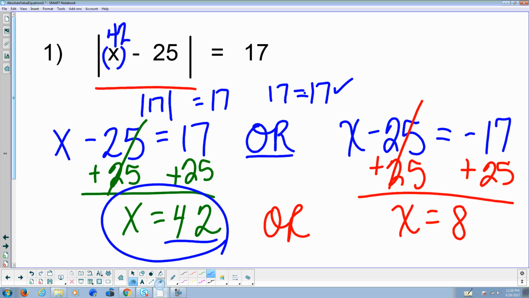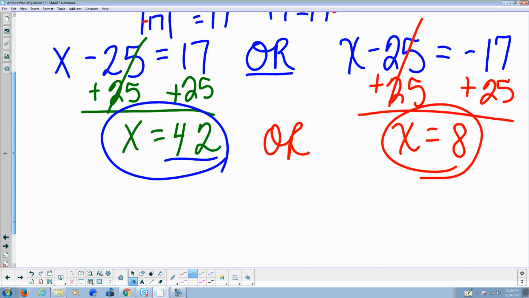So in that case, we would substitute an 8 in for x, and the absolute value of 8 minus 25 would actually be negative 17, but the absolute value of negative 17 is 17. Therefore, we still get 17 equals 17. Both solutions are correct, so we get 2 answers here.